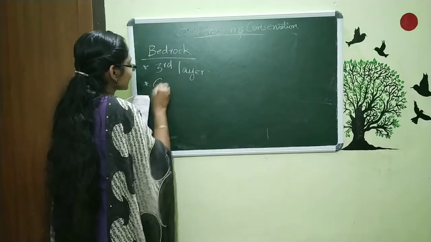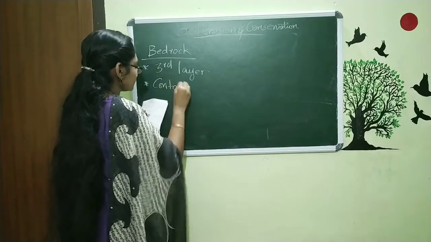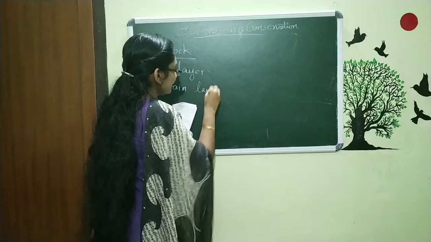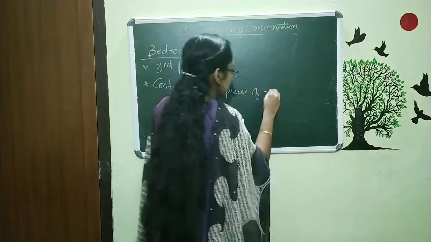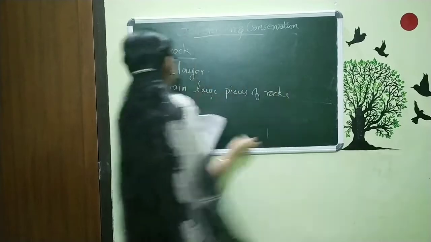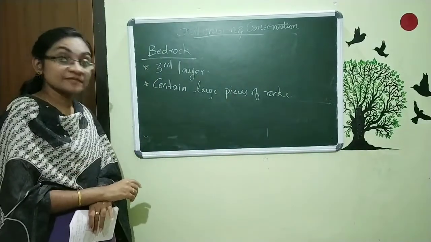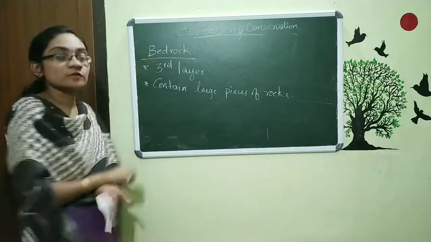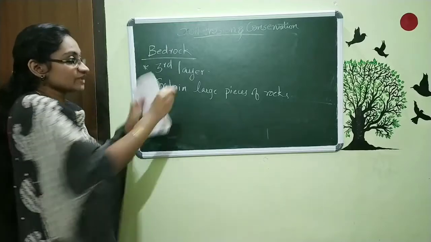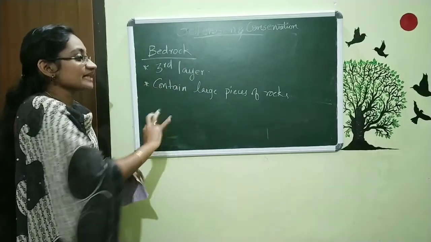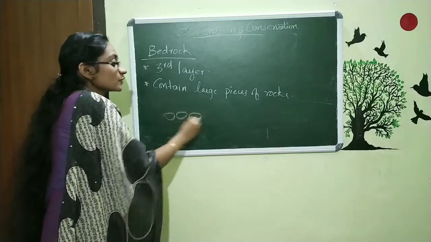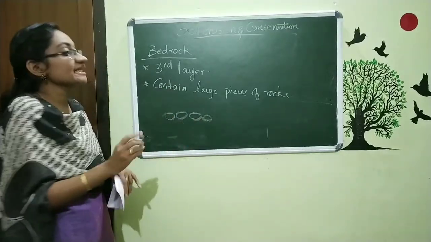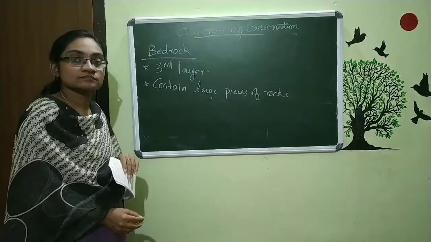We can say it contains large pieces of rocks. When we draw the diagram, you can see that at the bottom layer we draw some sort of rocks. So we can say it contains large pieces of rocks.